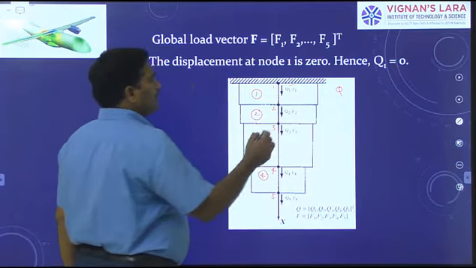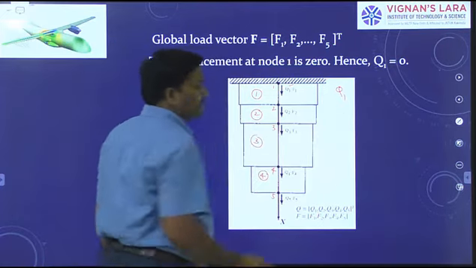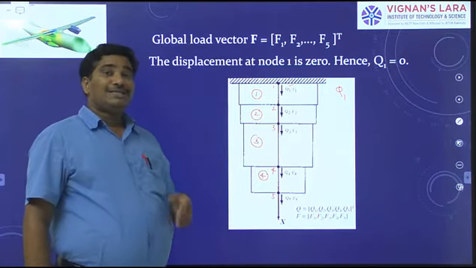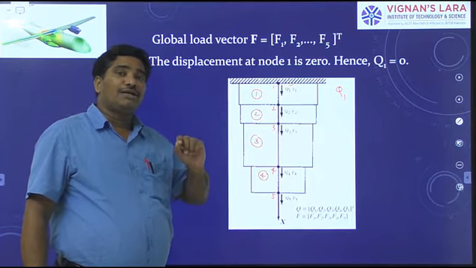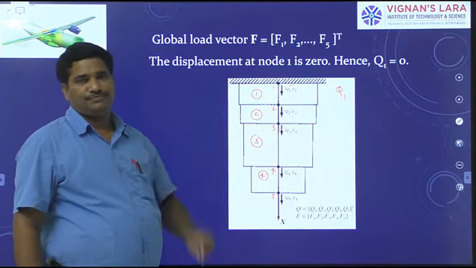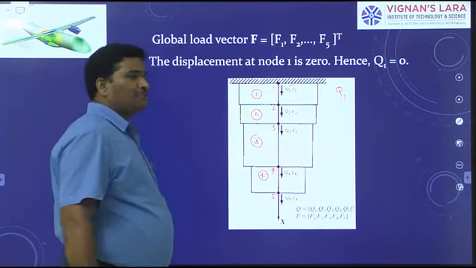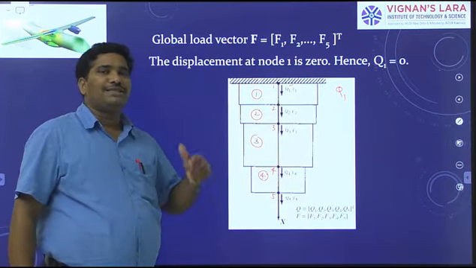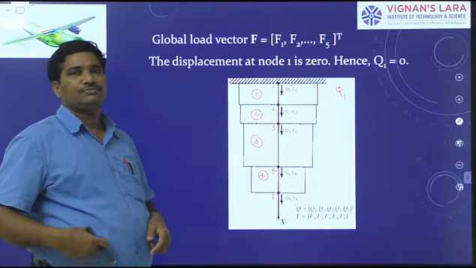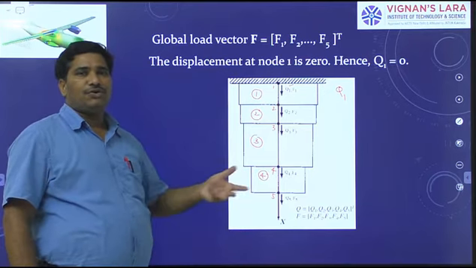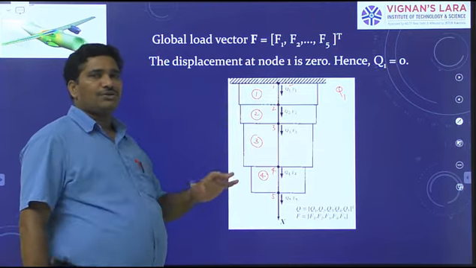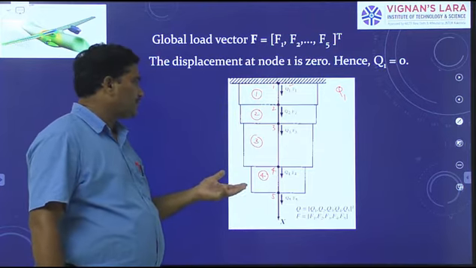Now, here what I understand, Q1 denotes the displacement of node 1 in the domain. Similarly, Q2 represents the displacement of node 2 in the domain. Understand? Therefore, I can also understand Q1, Q2, Q3, Q4 and Q5.